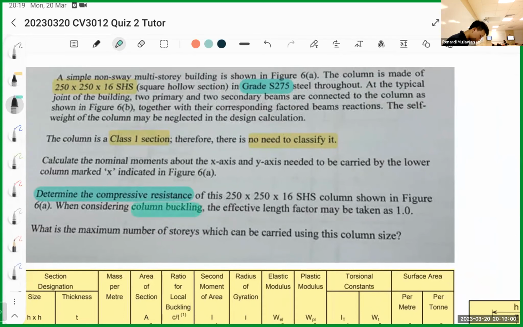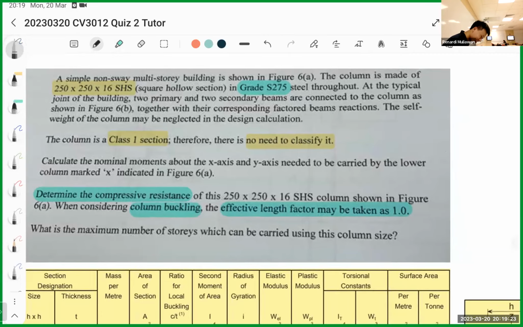And then column buckling effective length factor is 1.0. 1.0 means pin, so if it's pin, the buckling is like this. But if it's free and fixed, it's going to be like this, so it's 2.0. I'll show you in my cheat sheet.